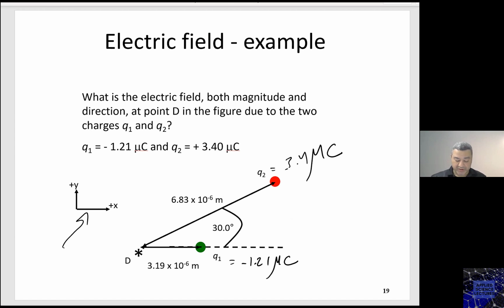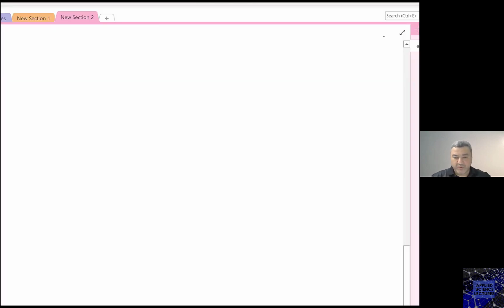So how do we do this? Again, we will be using the superposition technique. We have the first charge here, second charge here.